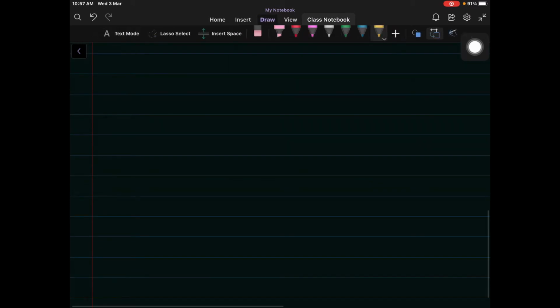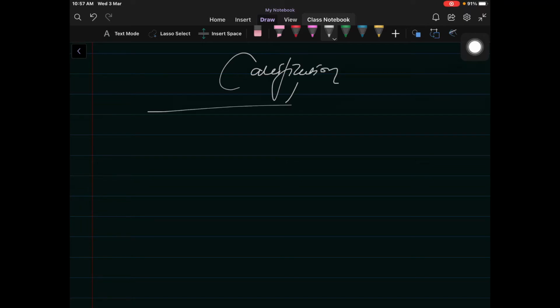Now let's move on to calcification. Generally calcification is of two types, that is dystrophic and metastatic.